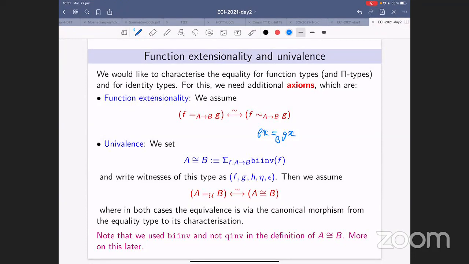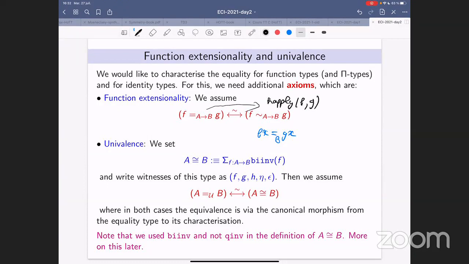So what we actually assume, and this will be done in the next slide, is that the function that goes from here to here and that is easy to define canonically has a quasi-inverse. Okay, so what we will assume is that this function that we will introduce in the next slide, which I call happly of f g, has a quasi-inverse.